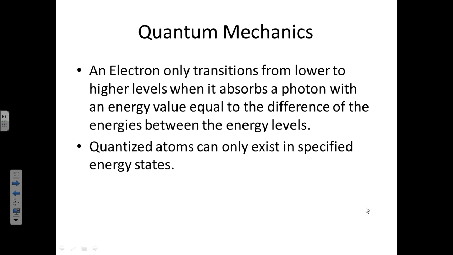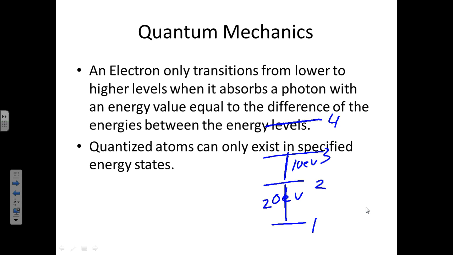I'm just going to make up some levels here, but let's say energy level 1, energy level 2, energy level 3, energy level 4. Let's say that this difference was, and I'm just making up numbers here, 20 electron volts. And the difference between here and here was, say, 10 electron volts. And the difference between here and here was, let's say, 5 electron volts.